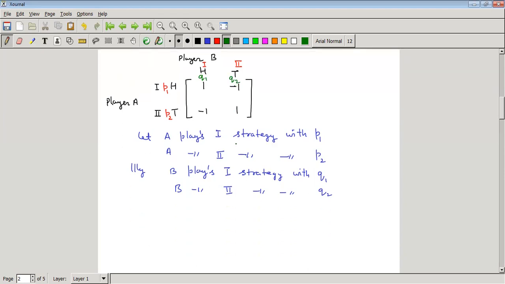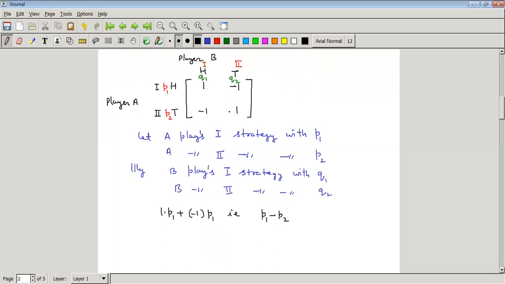So what happened? If player B fixes his first strategy, how much profit will player A get? It is P1 time into 1, so 1 into P1 plus minus 1 into P1, that is P1 minus P2.